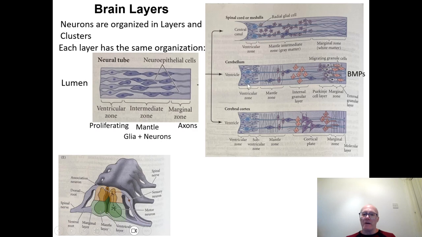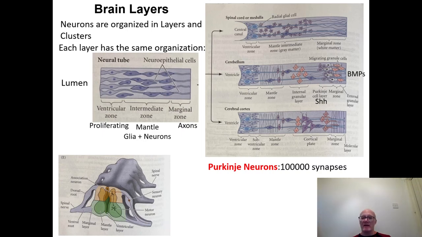At the same time, the ventricular zone starts to produce multiple different kinds of neurons, and in particular one group of neurons called the Purkinje cells. The Purkinje cells are found externally, near the external granular layer, and these Purkinje cells produce SHH. SHH sustains cell division of the external granular layer.